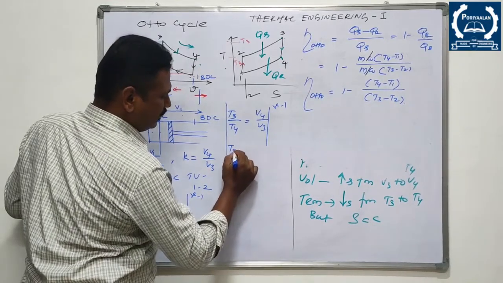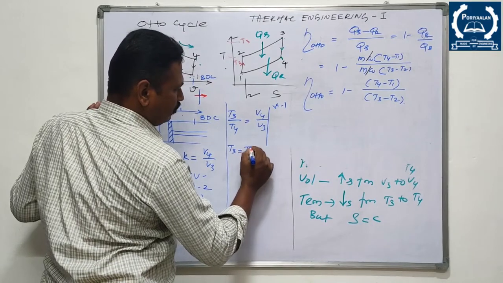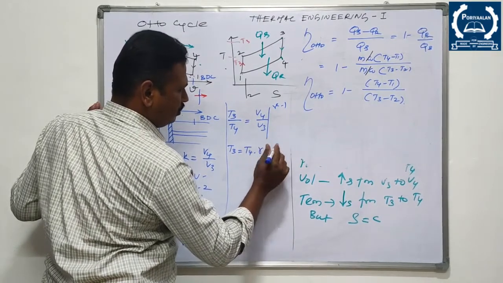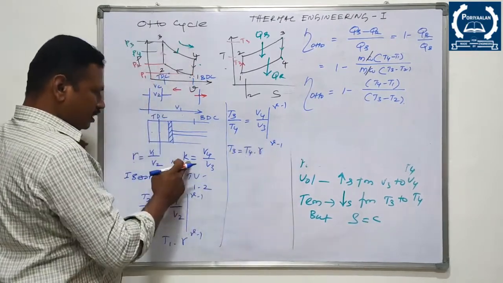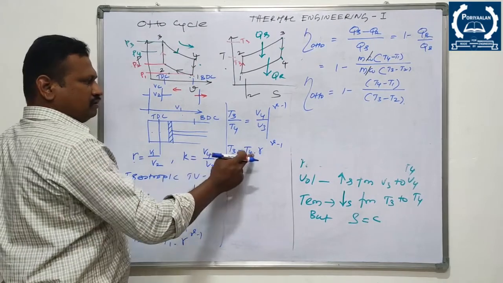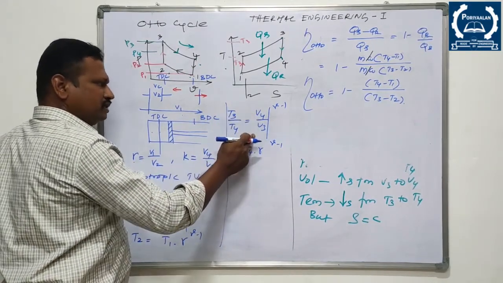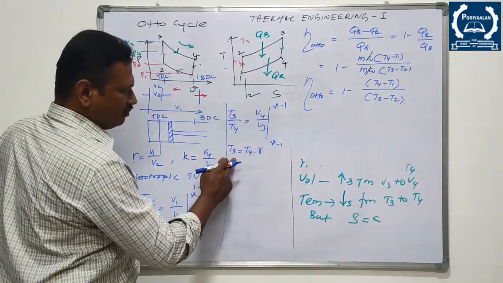Then T3 is T4 multiplied by R to the power gamma minus 1. Actually K and R are both equal. That's why I have introduced the compression ratio here, because V1 by V2 is the same as V4 by V3. So finally T3 will become like this.